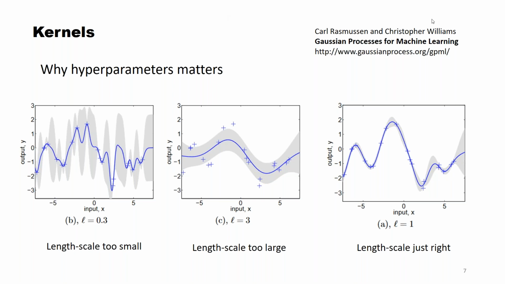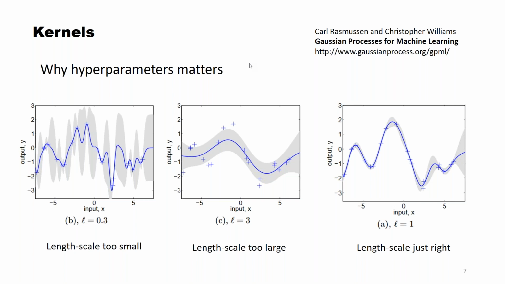Now, of course, if you have a simple function with one dimension, then you can do that by just looking at it, and you can tweak it. But typically we have higher dimensional data, and it's not a very efficient way of doing things. You just go back and forth and tune it by hand.